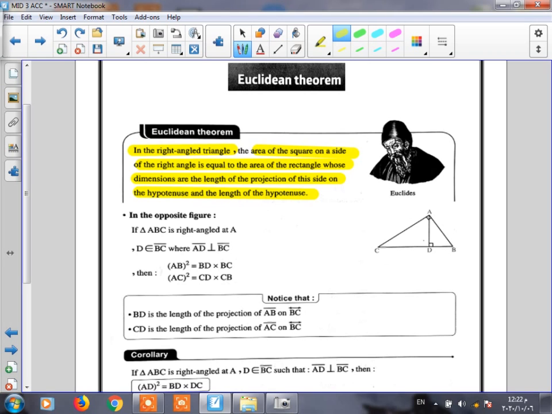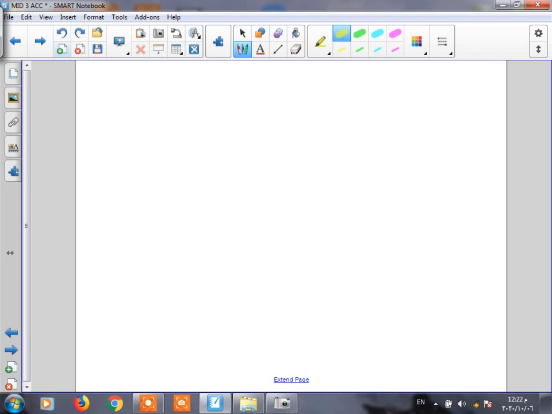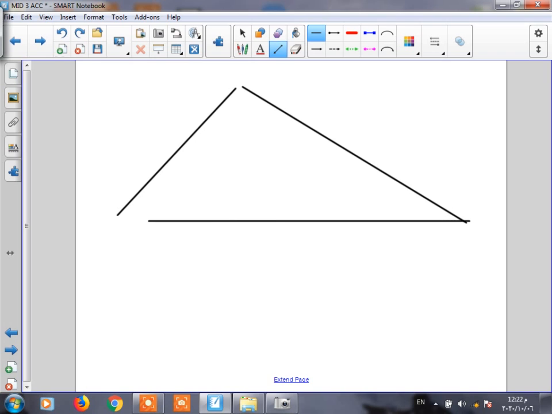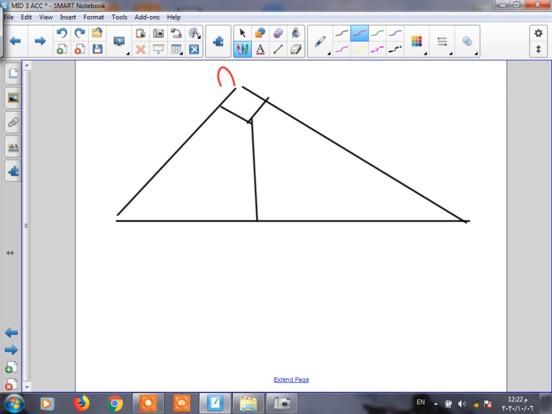First of all, I prefer to make a blank page to understand easily. Here I have a right angle triangle. I will rename this triangle ABC, and here I have AD perpendicular to BC.